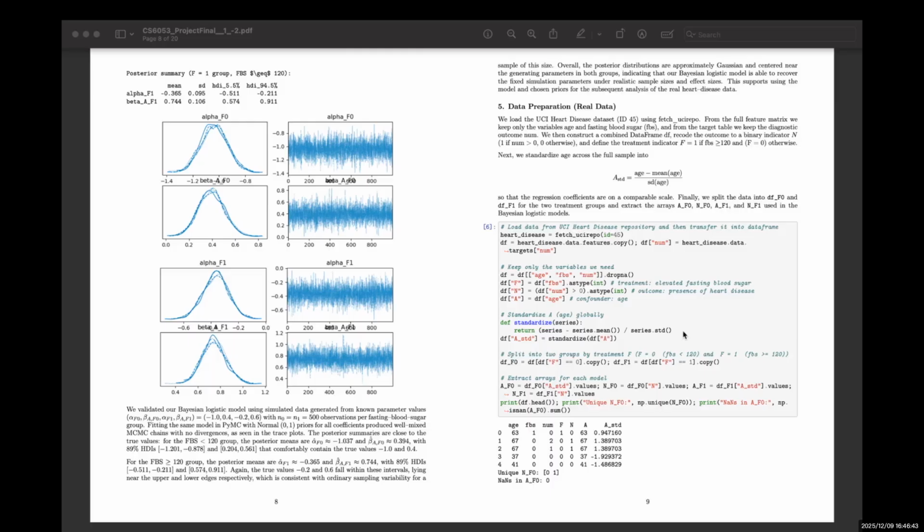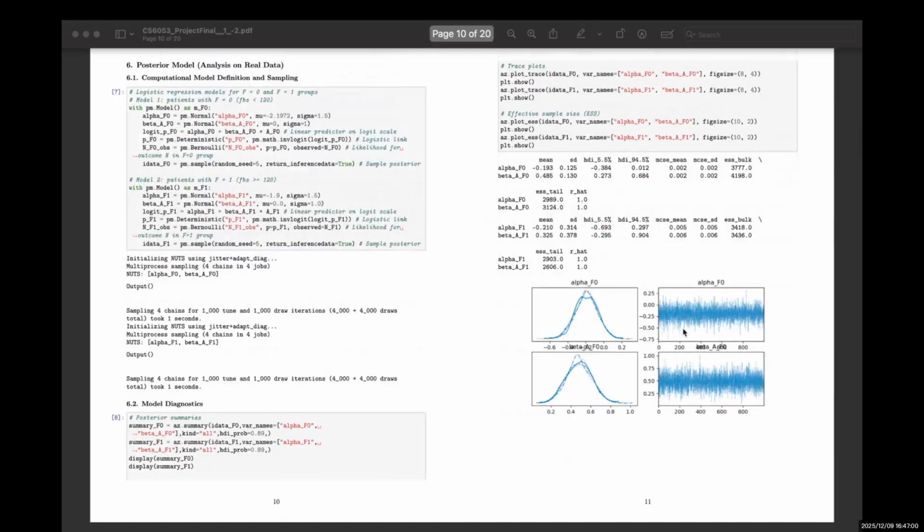So now 1 unit of standardized A corresponds to a 1 standard deviation increase in age. Finally, we split the data into 2 subsets, still f equals 0 and f equals 1. Then we use the standardized A and also N in each group as the inputs to the posterior models.